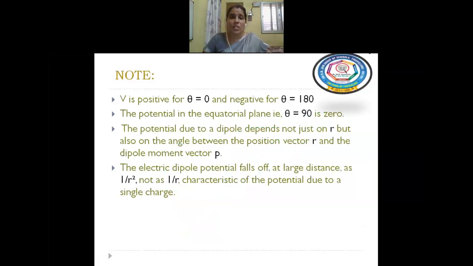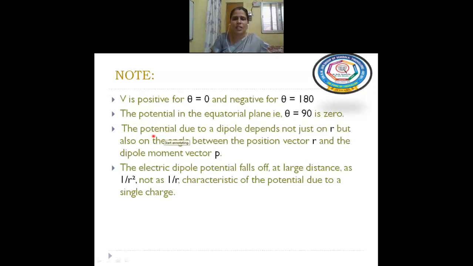V is positive for theta equal to 0 and negative for theta equal to 180 degree. Already we discussed this in our derivation part. The potential in the equatorial plane, that is theta equal to 90 degree, is 0.